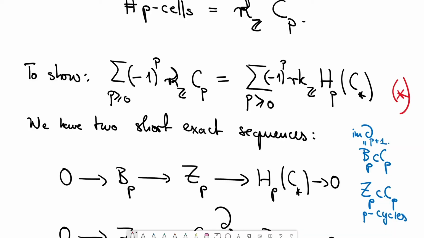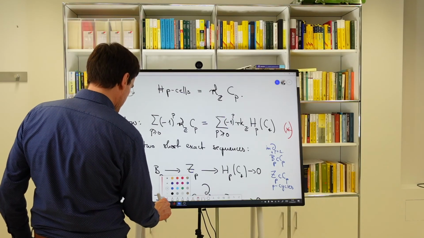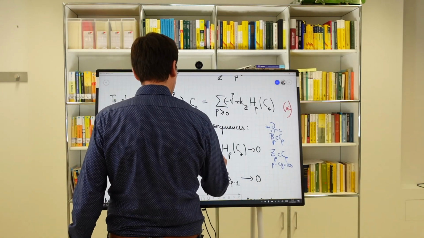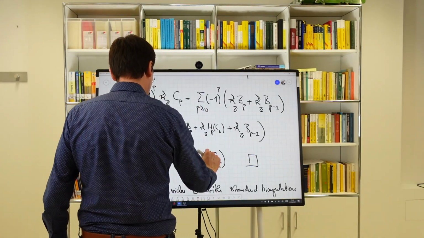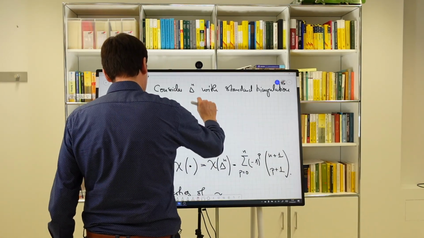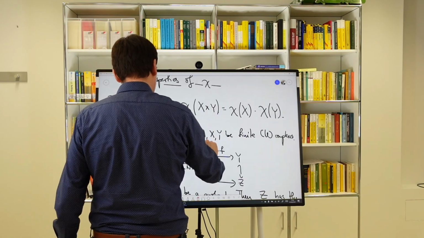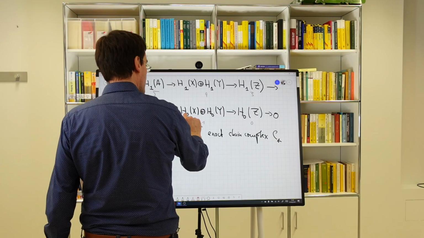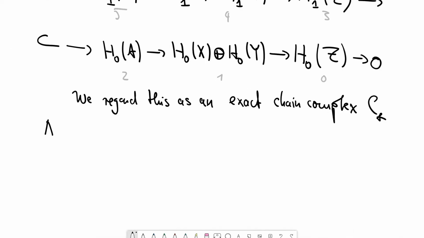So we can use that also and apply it to this exact chain complex that we have as a result of the Mayer-Vietoris long exact sequence. So apply star to it.